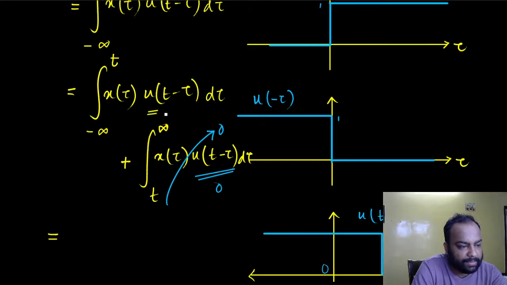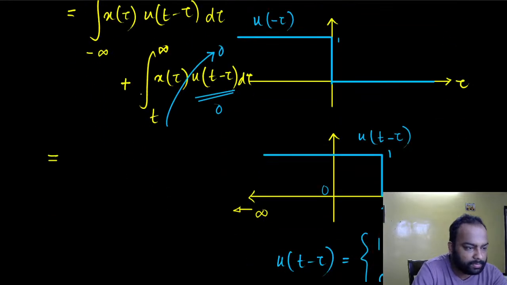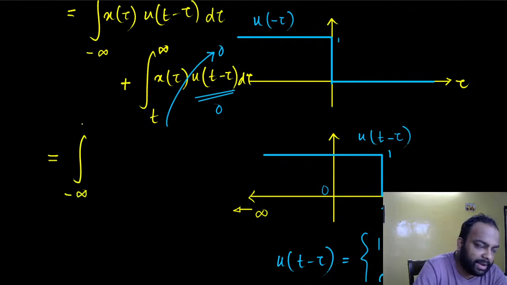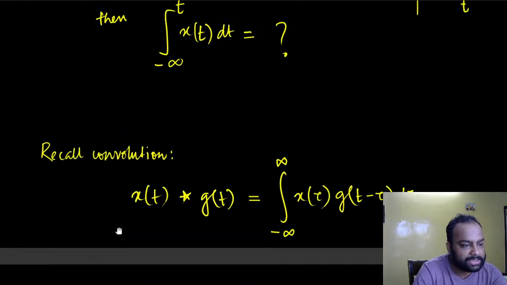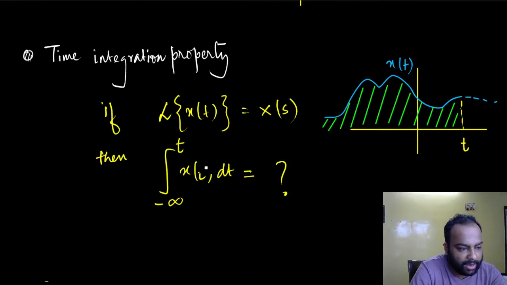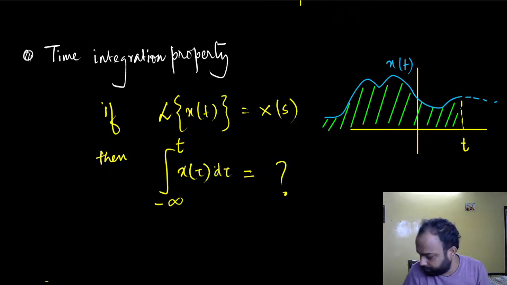So essentially, this becomes an integral from minus infinity to t of x(τ) dτ. Again, since τ is a dummy variable, I could write it as t or something like that. So let's change our problem here, as I told you moments ago. It could be written as x(τ), because it's just a dummy variable. Naming doesn't matter really.